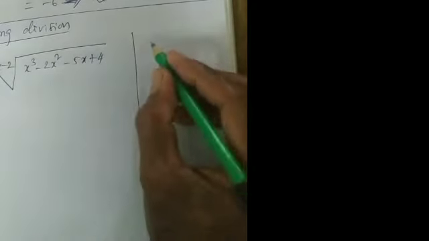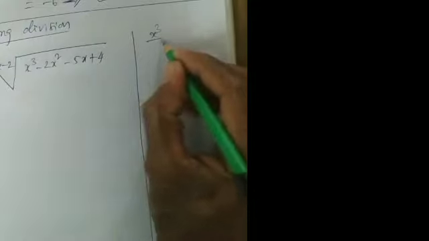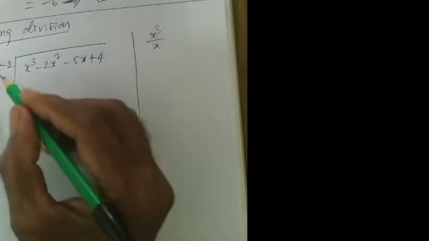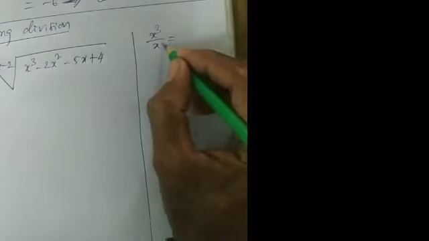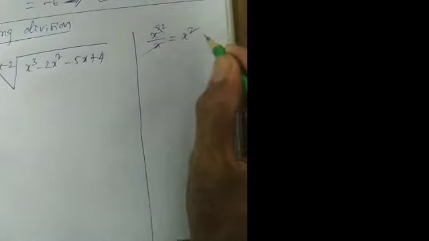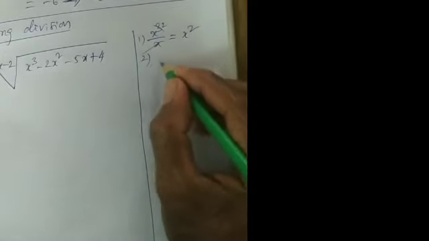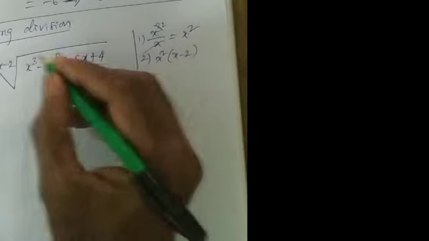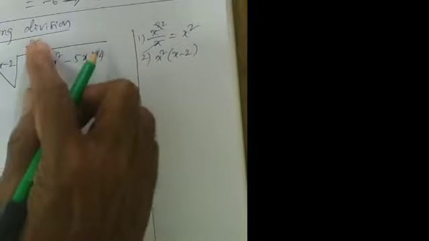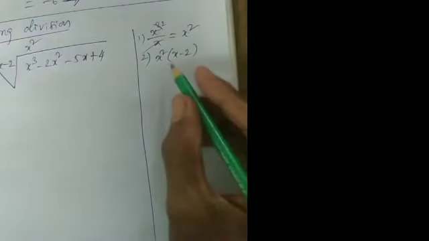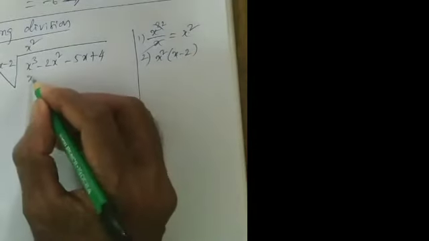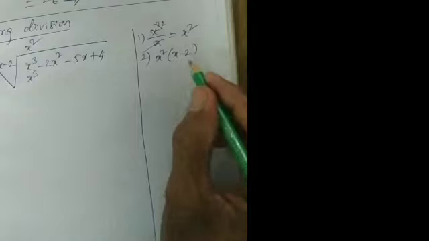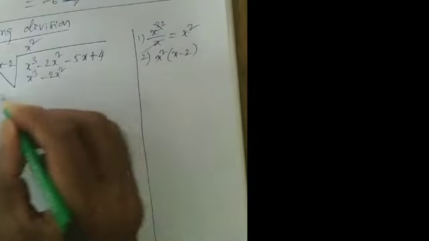In division we follow 3 steps: first division, second multiplication, third subtraction. So x cube by x gives x square. Now multiplication, x square into divisor x minus 2: x square into x is x cube, x square into minus 2 is minus 2x square.